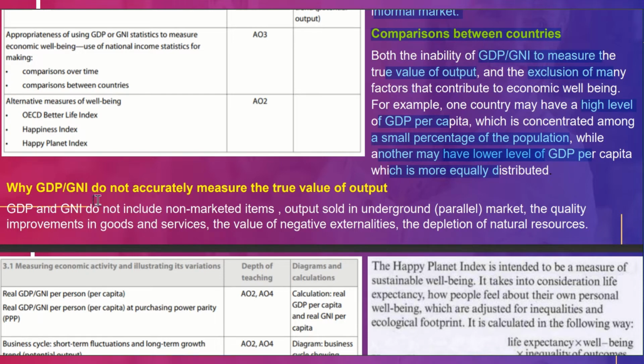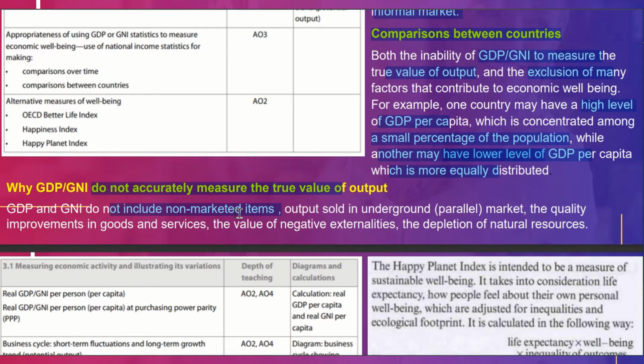So why do GDP and GNI not accurately measure the true value of output? See, GDP and GNI do not include non-marketed items. This is very important, because non-marketed items include, for example, the barter system, the exchange of goods for goods.